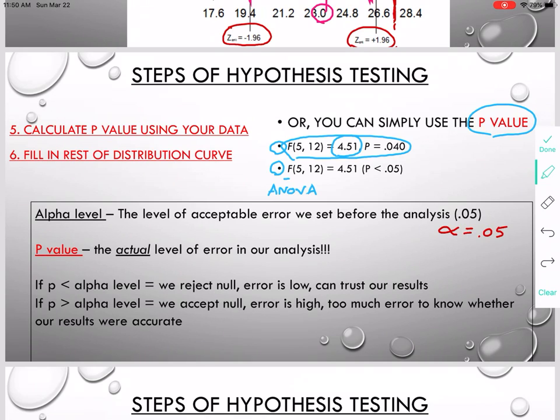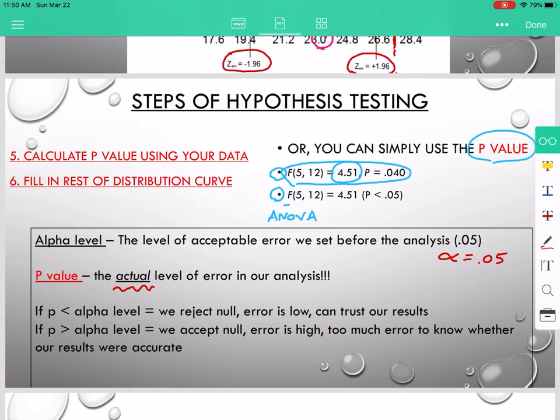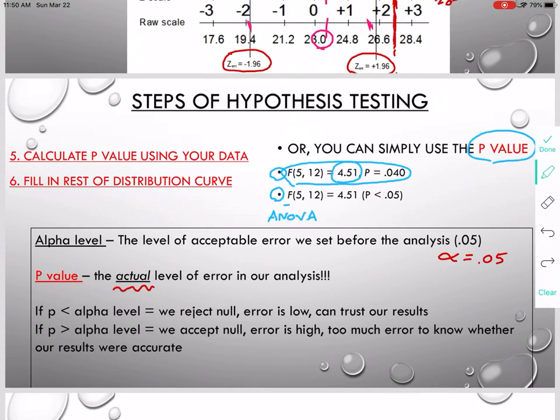In other words, I'm going to be 95% sure that the results I get are accurate. So this is our level of acceptable error we set, the alpha. But then we run the analysis and we get an actual level of measurement. That's what a p-value is, the actual level of error. The p-value in this example is 0.04.